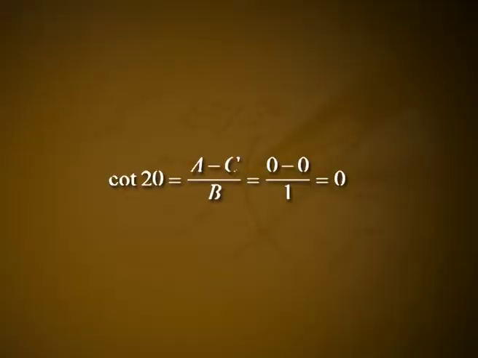Thus, the desired angle of rotation must satisfy cot 2 theta is equal to (a minus c) by b, which is equal to (0 minus 0) by 1, which is equal to 0. This condition can be met by taking 2 theta is equal to pi by 2 or theta is equal to pi by 4, which is equal to 45 degree.